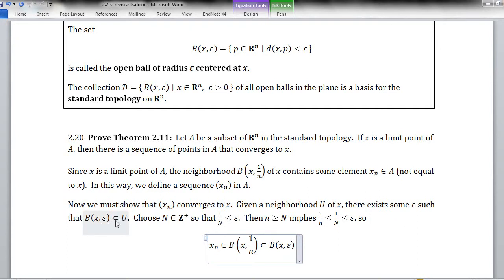That's that basis element that we found contained in U. So it's a subset in U, and we're done, right? We've shown that given any neighborhood U of x, we were able to find some capital N such that all terms of the sequence starting at that term are going to be contained in that given neighborhood U. All right.